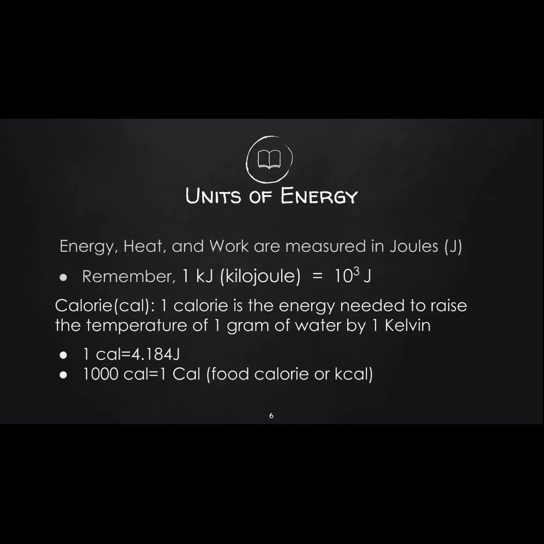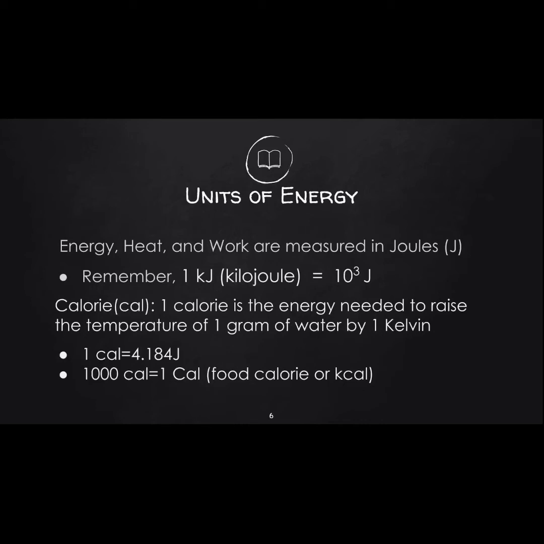For energy and our units of energy, heat, work, and energy are all measured in joules. We represent that with a capital J. 1 kilojoule is equal to 10 to the third joules, so you may need that later on. We also need to know about calories.